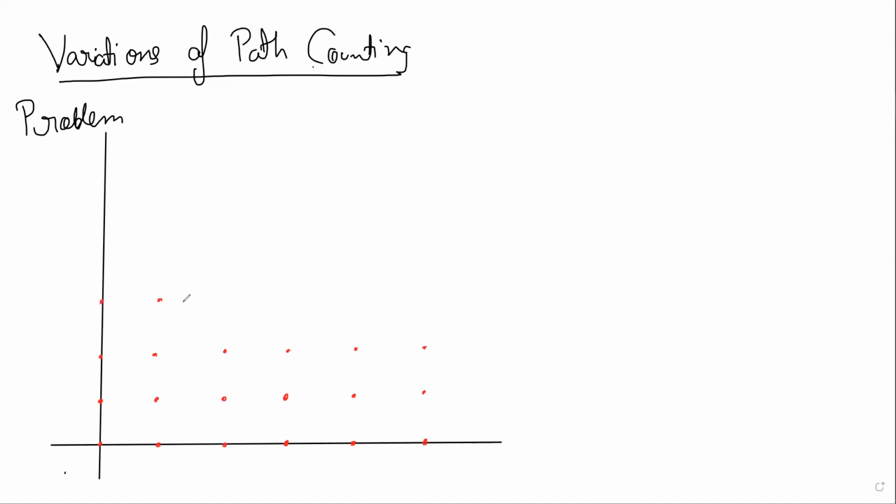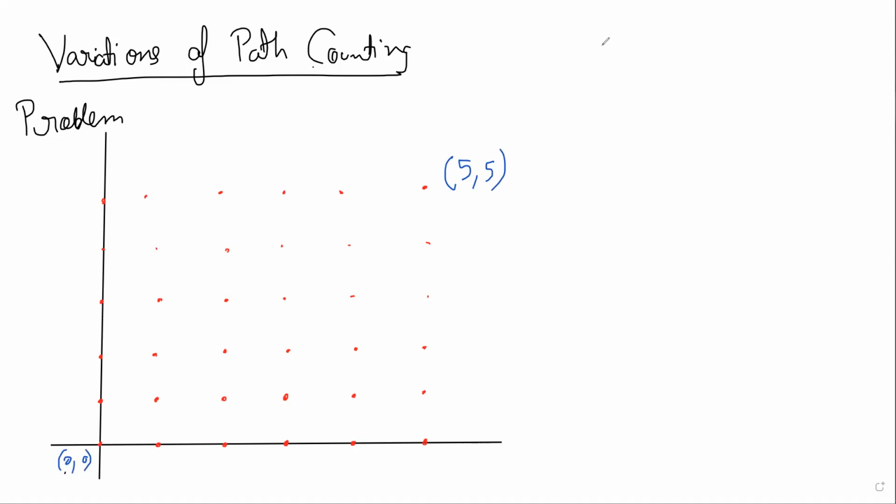This time there will be 3 moves. Usually we had 2 moves. This time there will be 3 moves. That will be a difference. So this is the grid, and obviously you understand that this point will be 5,5, and we have 0,0.